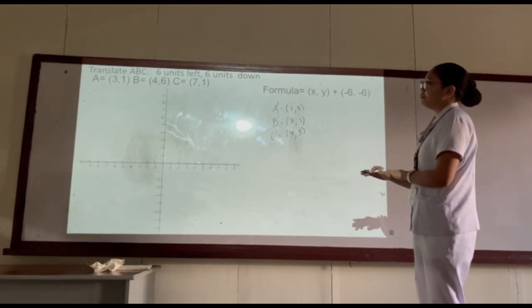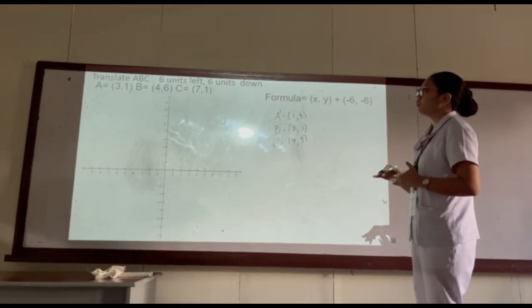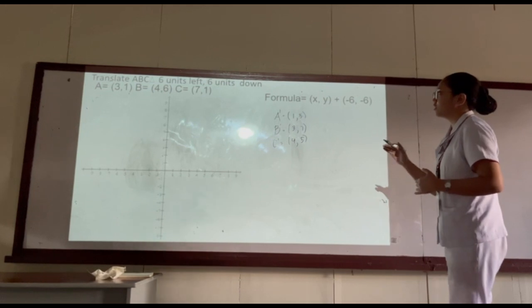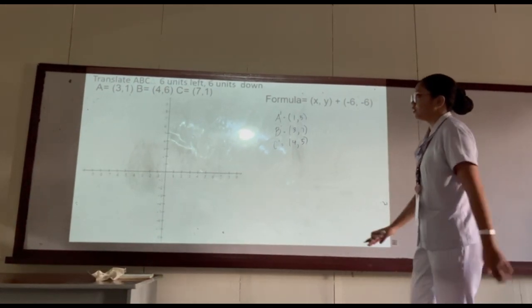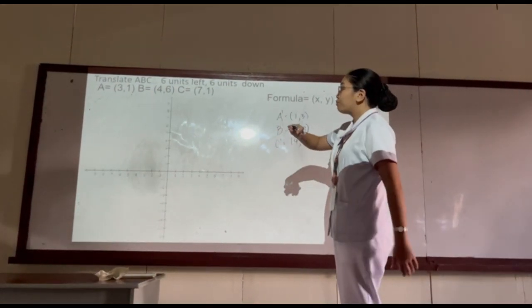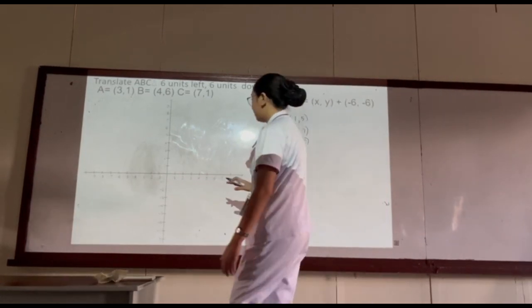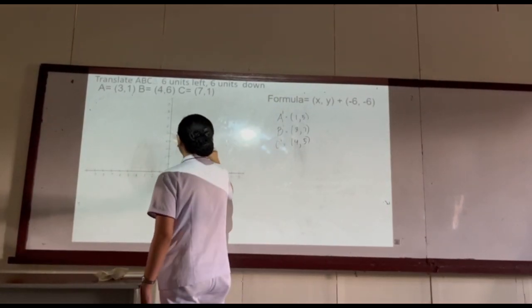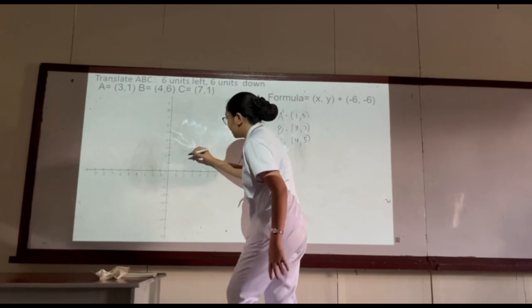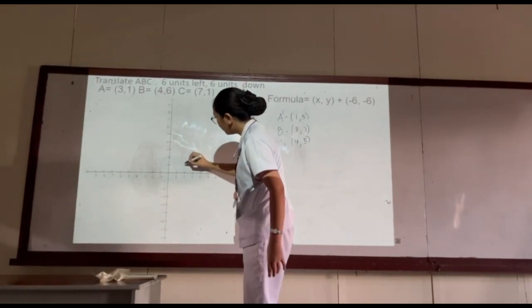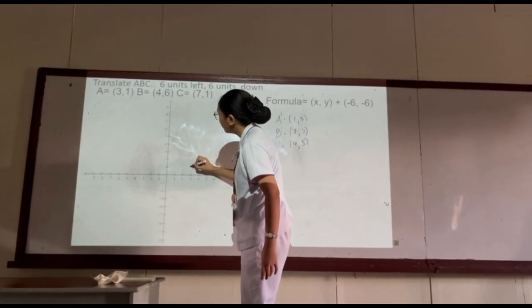Here's our second example. Translate the object 6 units up and 6 units down. Like the first one, we're going to plot the coordinates first. A is 3, 1, right here.